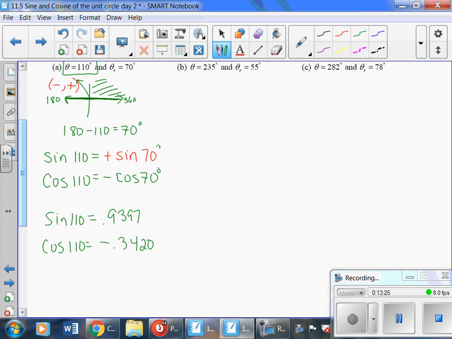Now, if you consider the sine and cosine of your reference angles, so over here, sine of 70 is going to equal 0.9397, and the cosine of 70 is equal to 0.3420. Because remember, that's going to be the positives.